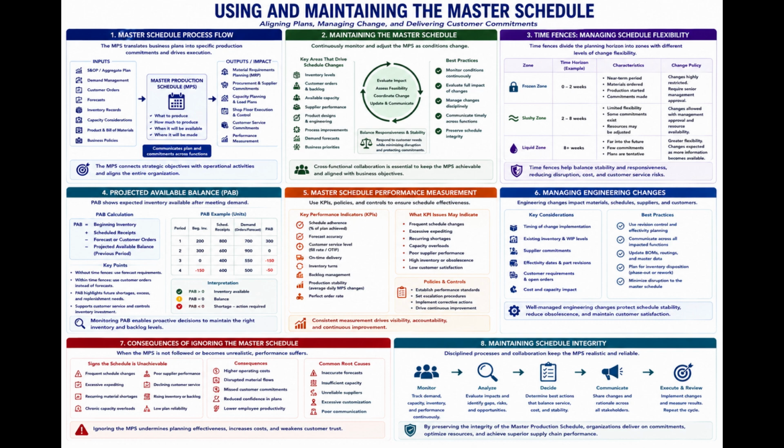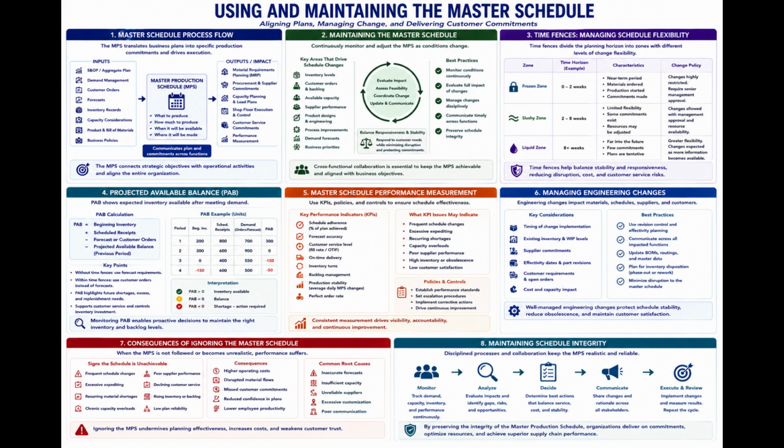Organizations must coordinate revision control, effectivity dates, and communication across affected departments to minimize disruption. Failure to manage engineering changes properly can lead to obsolete inventory, production delays, quality problems, and customer dissatisfaction. Master schedulers therefore play an important role in ensuring that engineering changes are integrated into production plans while preserving schedule stability and maintaining operational performance.